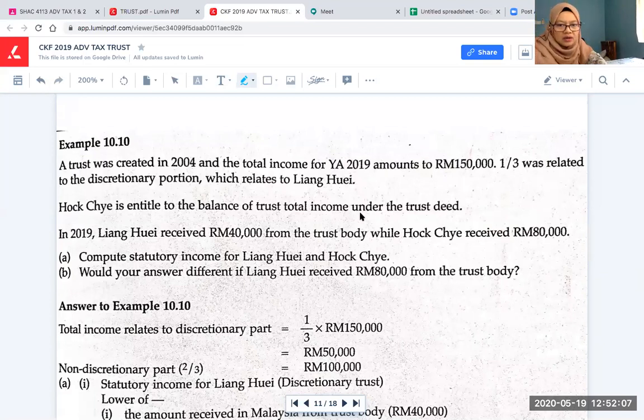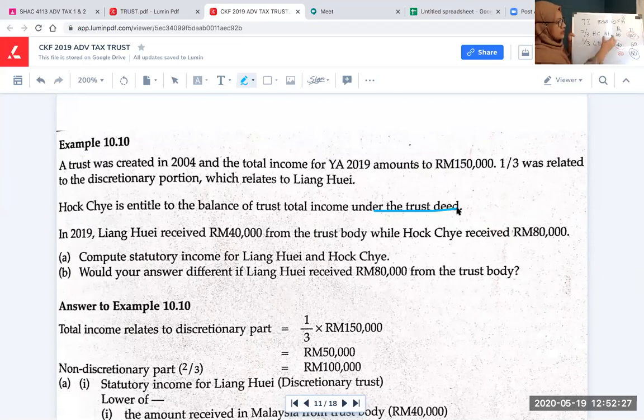Under the trust deed. See? When it is under the trust deed, based on the trust, it is non-discretionary. So that is why Hok Chi's two thirds is non-discretionary. And Liang Hui, the first paragraph mentions one third to the discretionary portion. So that is why it is called discretionary.